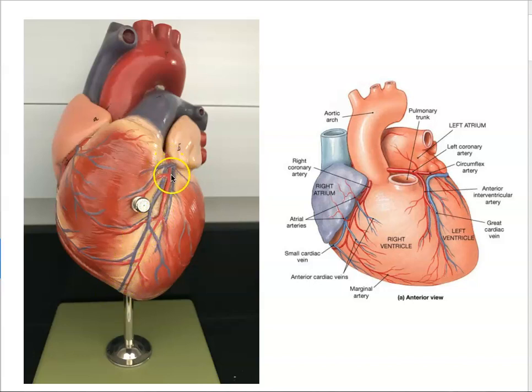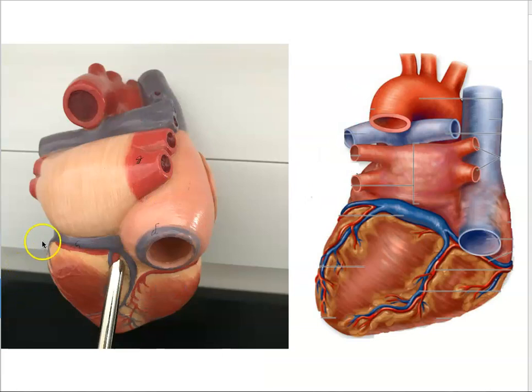So in this anterior interventricular sulcus, we have the left anterior descending artery, and we have the vein that's traveling next to it. This is the great cardiac vein. The great cardiac vein is going to be traveling up. It's going to wrap around in this coronary sulcus, following the circumflex artery. So let's look at the great cardiac vein on the back side.